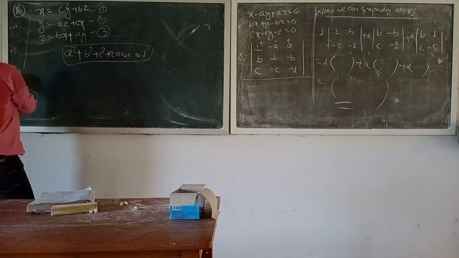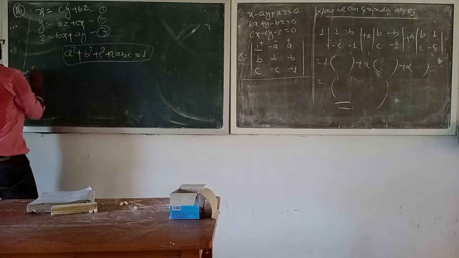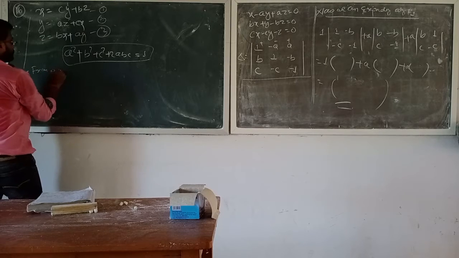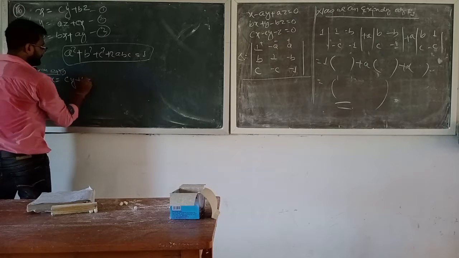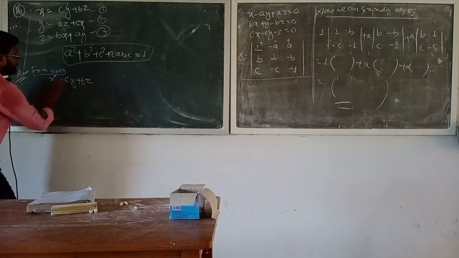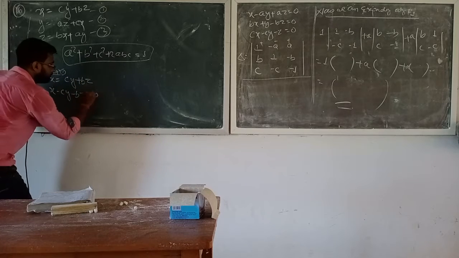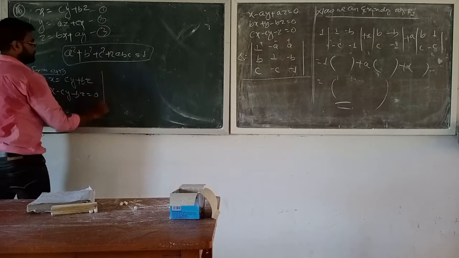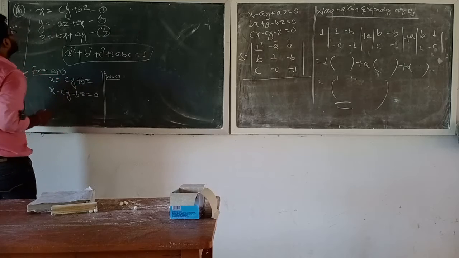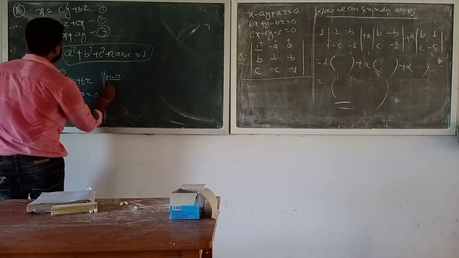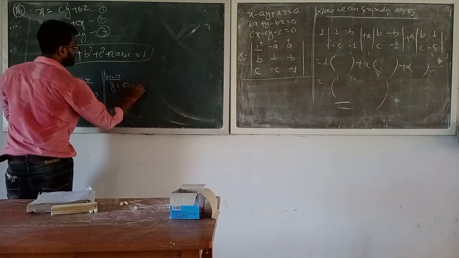So now simplify, starting with equation 1: x equal to cy plus bz. Taking everything to one side, x minus cy minus bz is equal to 0. This is our equation 1. From equation 2, we need to simplify: y equal to az plus cx.